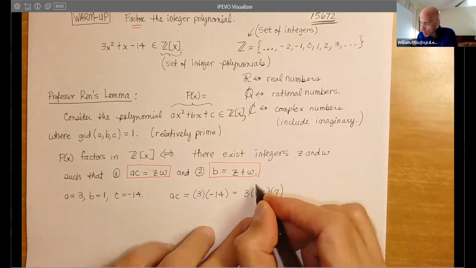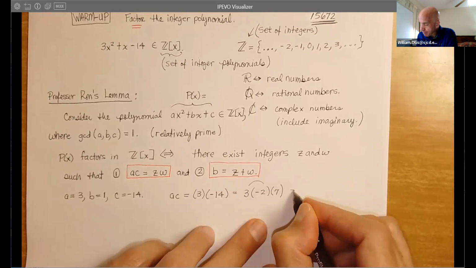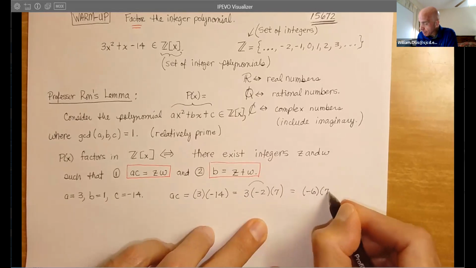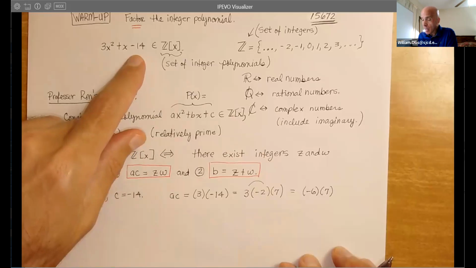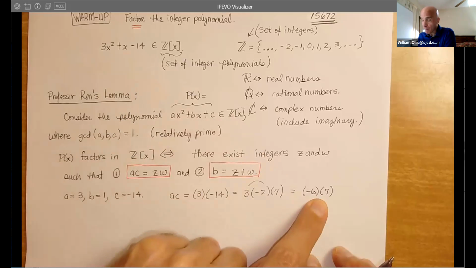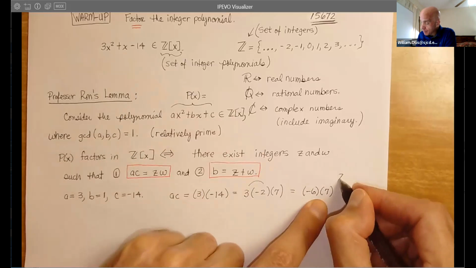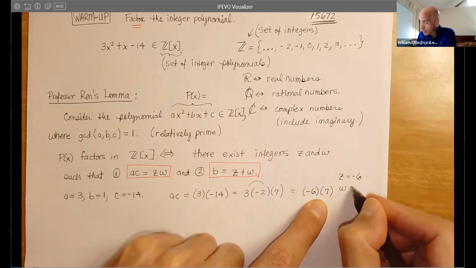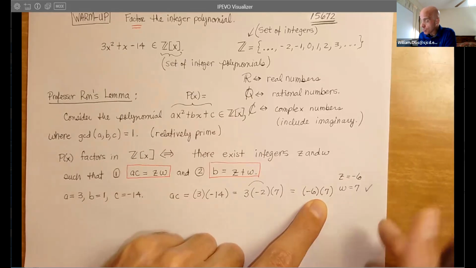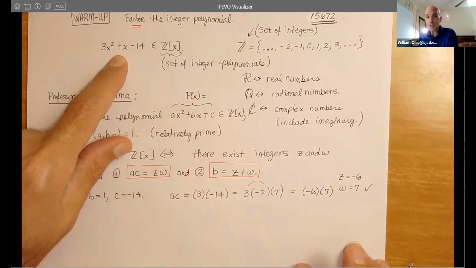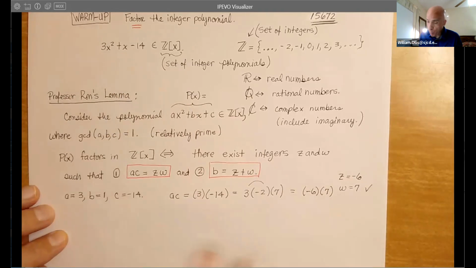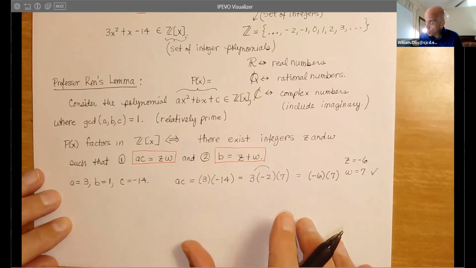So now let's go ahead and put these two together. That gives us a -6 and a 7. So when we look here, when we sum these two numbers, say for instance, we let Z equal -6 based on the theorem, and W equals 7, then the sum of those is actually the coefficient B. So this would work. So now at this point, all we have to do is factor by grouping.